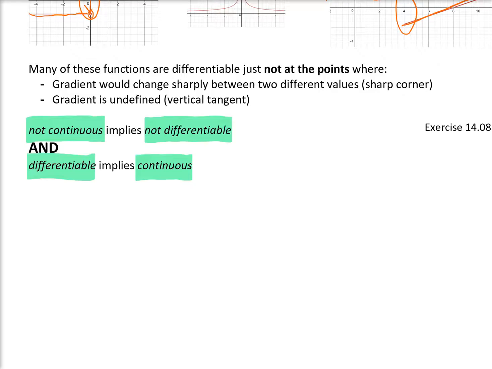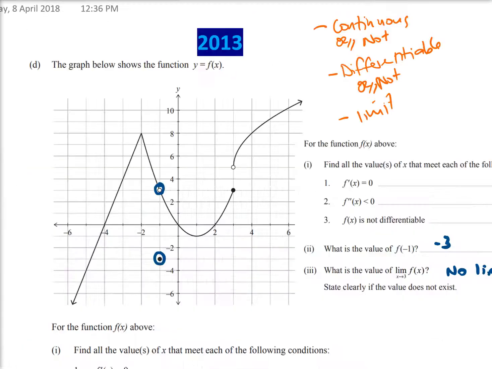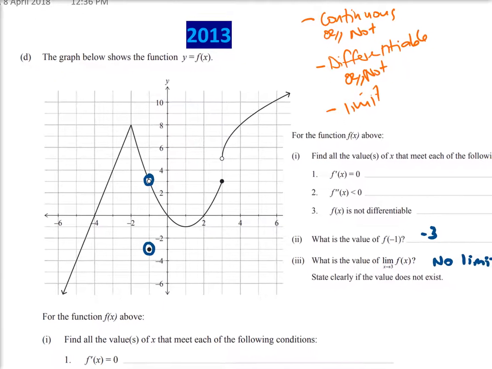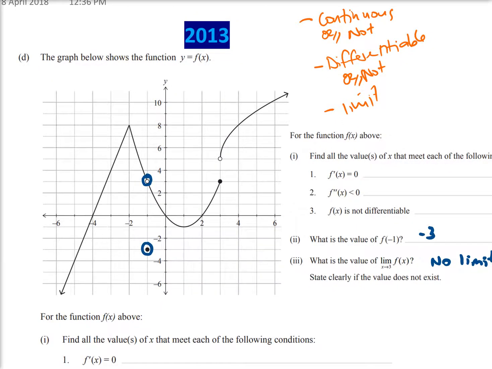If you look at some of these old exam questions, we had a quick look at that before. In fact, there are the answers from before. Where is a function not differentiable? Where there are points of discontinuity, where there are sharp corners. So there is 1, 2, 3.